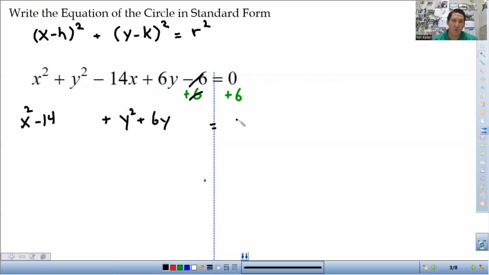All right, so what we are going to do is complete the square on these two parts here. So I have two different polynomials. That's supposed to be an x there. I'm going to complete this square. I'm going to add a c value that turns this into a perfect square trinomial.